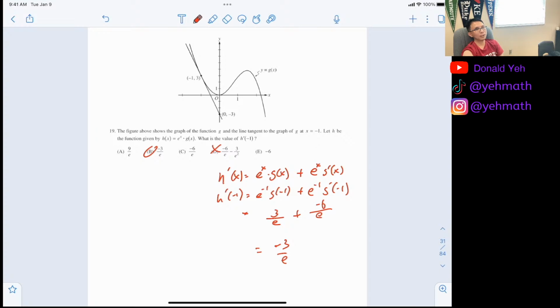Product rule and product rule and product rule. You could have chain rule, just multiply by 1. You just plug it in and read the graph. The only hard part is to figure out the slope of that straight line.